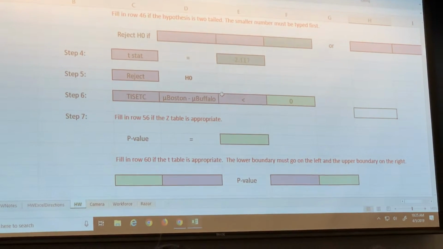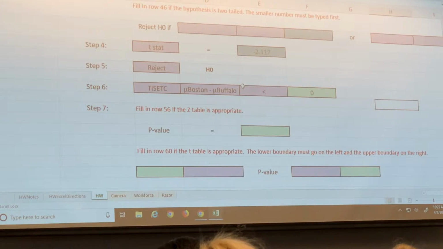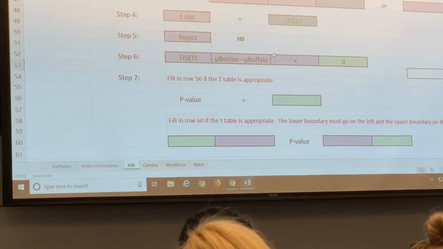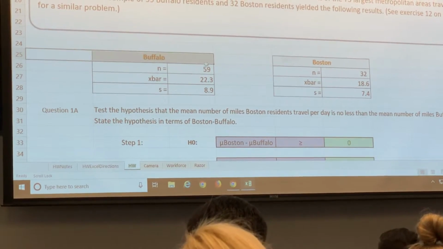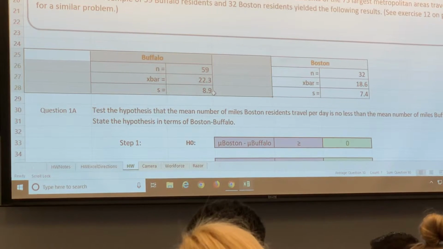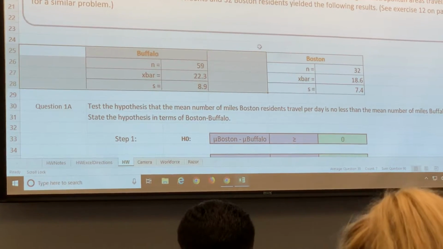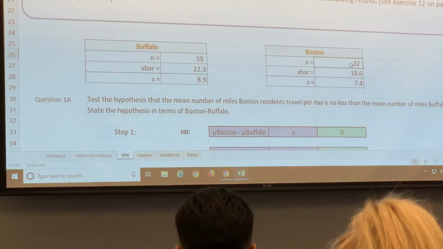So what we are doing here is comparing the data that we collect from 59 residents in Buffalo and 32 residents in Boston.